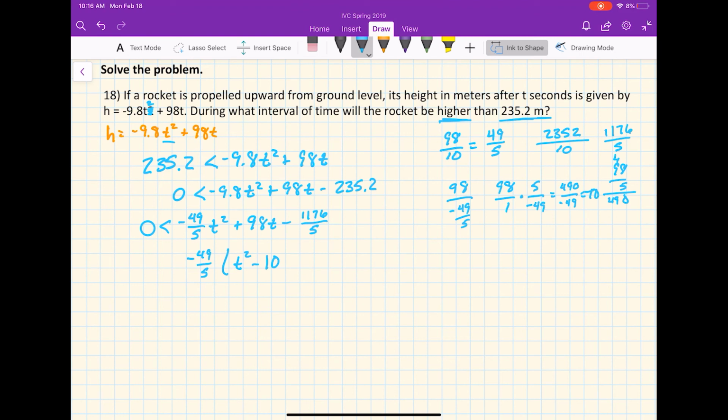Let's see if our luck continues. And 1176 over 5 divides evenly by negative 49 fifths. And this is going to end up being a positive because it's negative divided by a negative. So we have negative 1176 over 5 times 5 over negative 49.